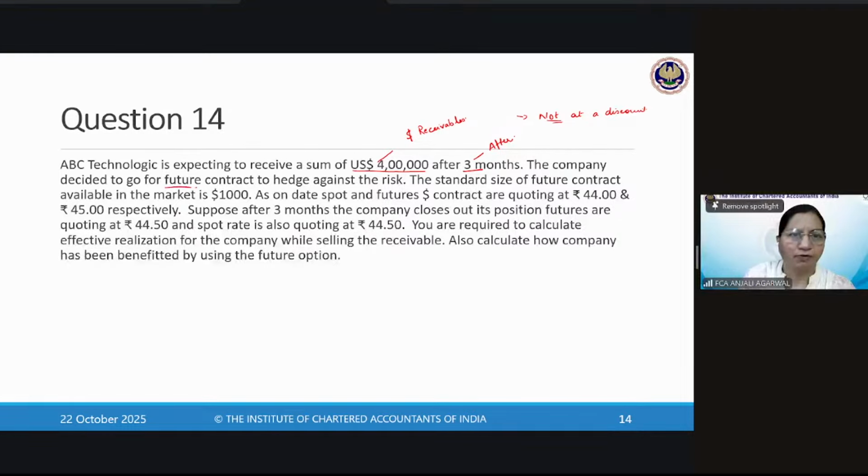Company decided to go for a future contract to hedge against the risk. So we have seen how forward contract works. We have seen how options work. We will this time see how future contract works.